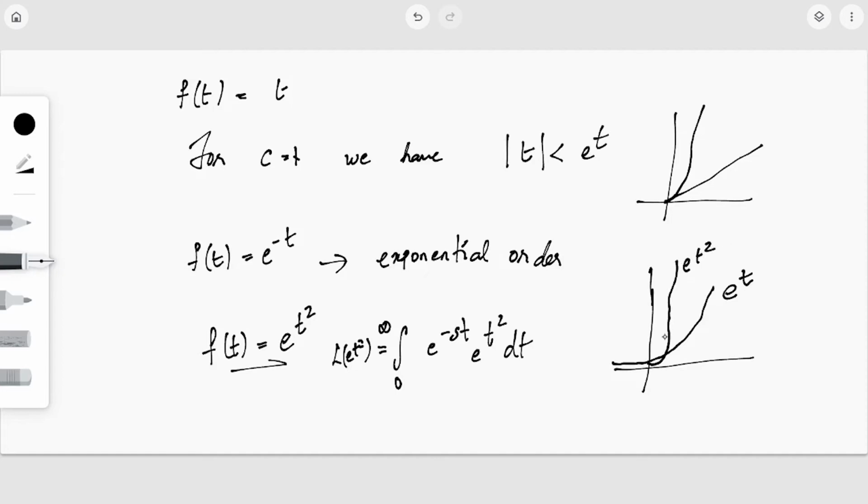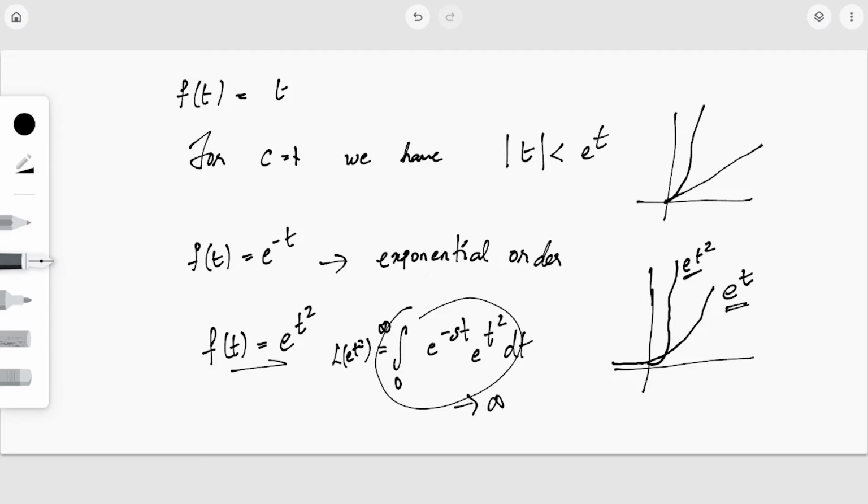So here you can see that e raised to t square is moving at a faster pace than e raised to t. It is tending to infinity at a much faster pace. So this will actually tend to infinity. So this integral will not converge. So the value of the Laplace transform cannot be determined.